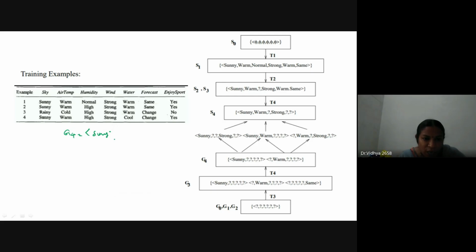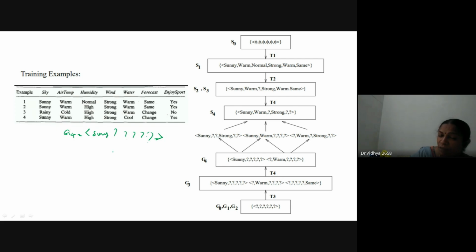Please explore in your own way by understanding the PPT. Okay, and the rest of the others, 1, 2, 3, 4, 5, and 6. So these are all the G4. So G4, where we have eliminated, or pruned, the results which are not supportable for the positive instances or the negative instances.